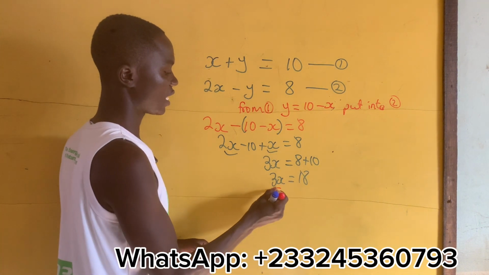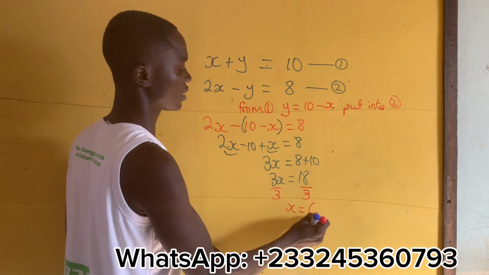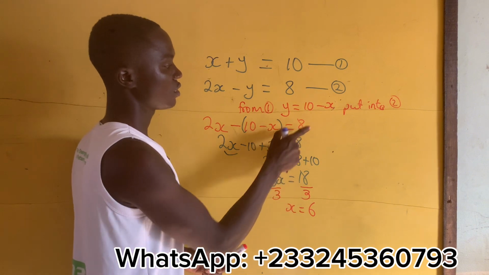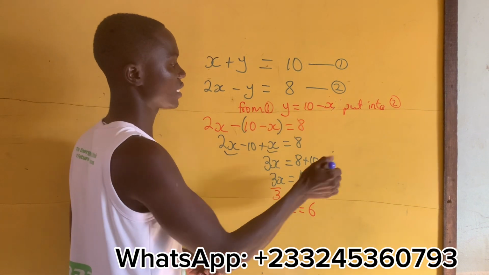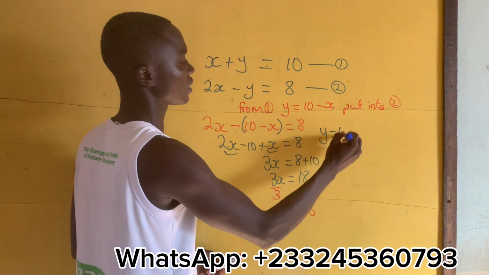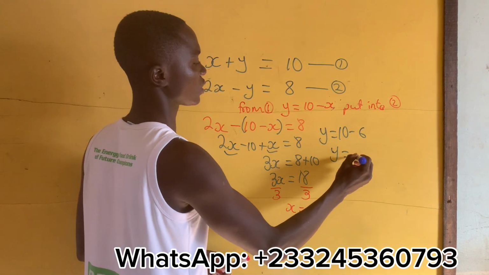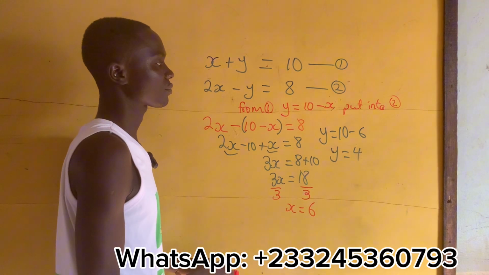So we divide here by 3, divide here by 3 to get x equals 6. Once we have x equals 6, we just come to where we made y the subject and write y equals 10 minus 6, and we have y equals 4 in a very simple way.